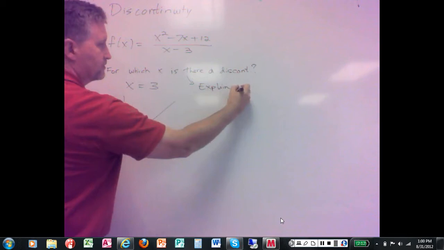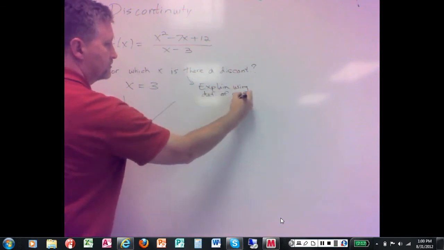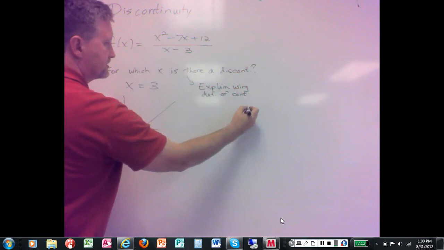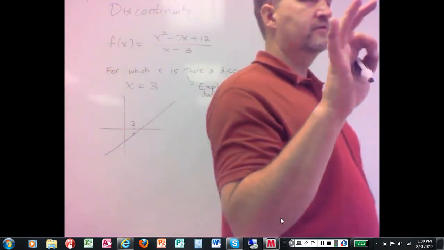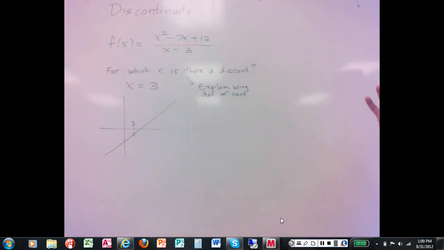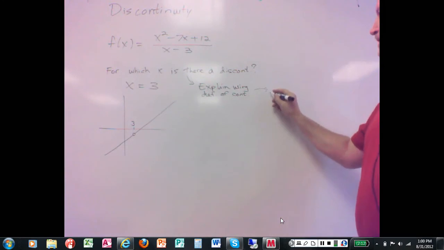Now, how would I explain this discontinuity at 3 using the definition of continuity? Well, that's the 3-part definition.